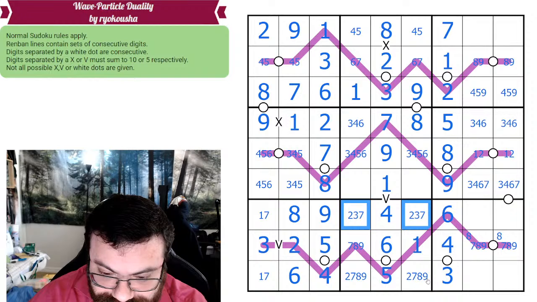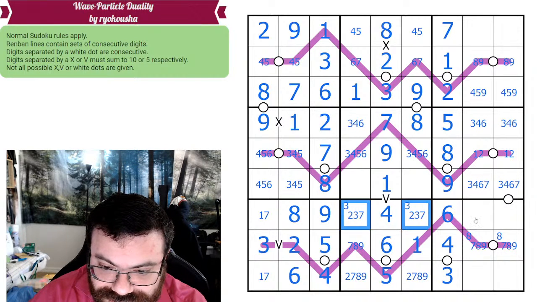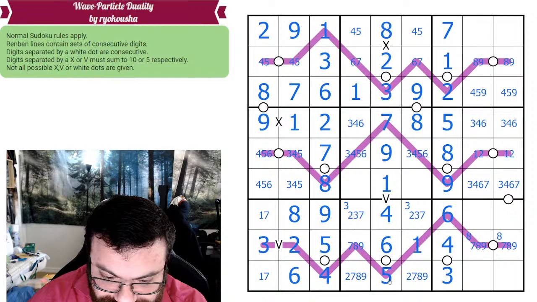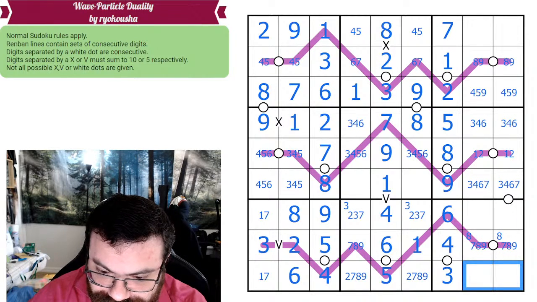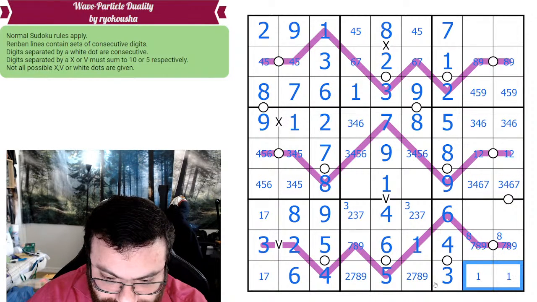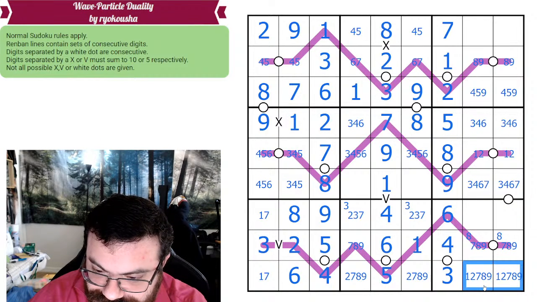Yeah, I just didn't mark 3. 3 is one of these two. Whatever that's worth. I feel like I'm having some trouble finishing this, probably just because I'm a little tired, but... 1, 2, 3, 4, 5, 6, 7, 8, 9. Oof. That's a lot. We only know one of them is from 7, 8, 9.